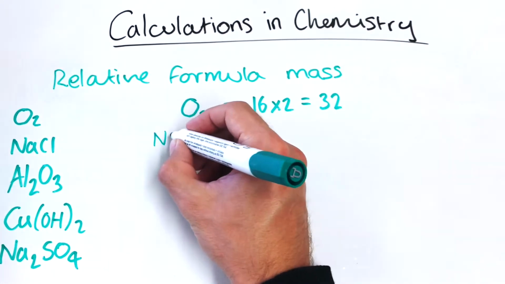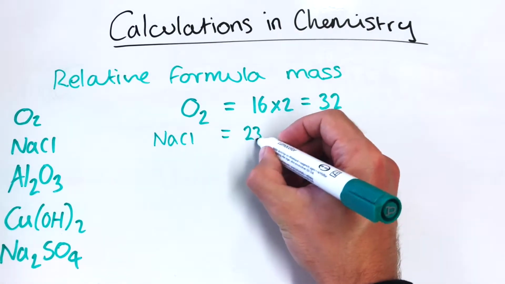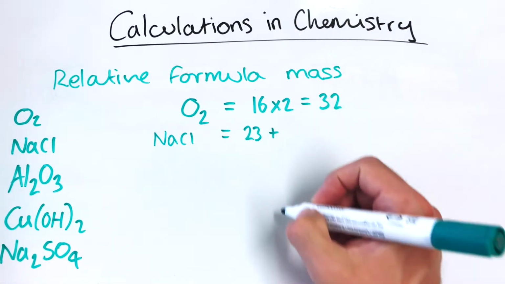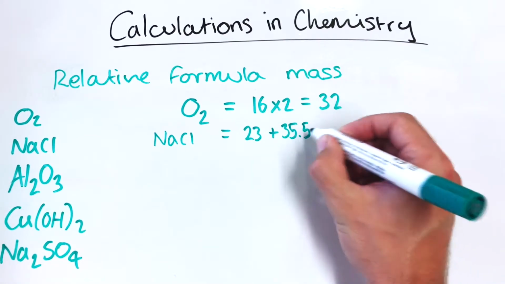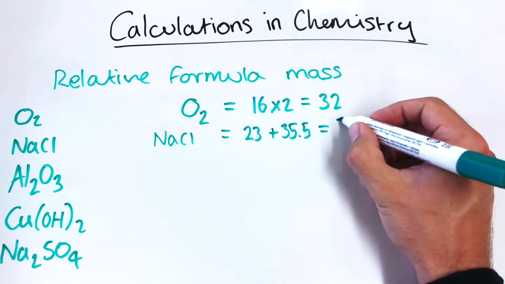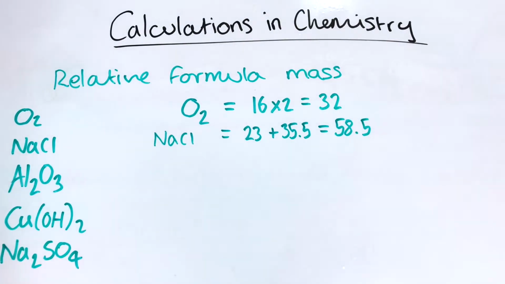For sodium chloride, we have 1 sodium atom with a mass of 23 and a chlorine atom with a mass of 35.5. So our total mass is 58.5 grams per mole of sodium chloride.